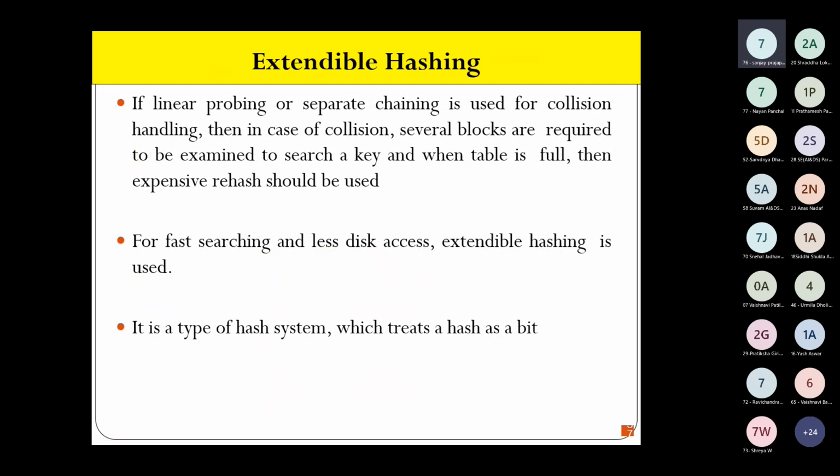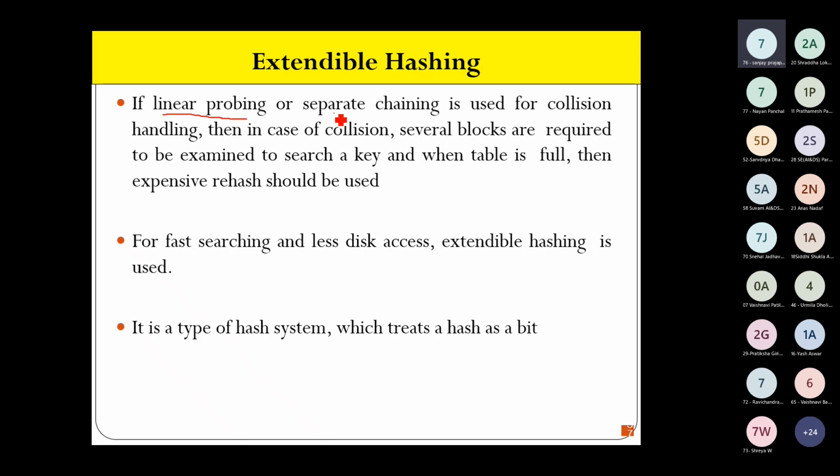Next is extendable hashing. In extendable hashing, if linear probing or separate chaining is used for collision handling, we have used both techniques. If there is a collision, we may use linear probing, that is, if a location is already occupied, search for the next location.